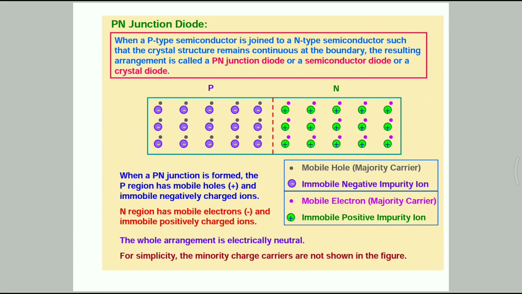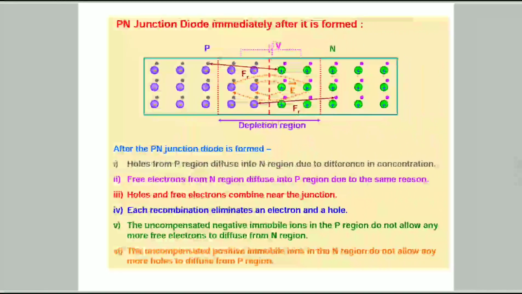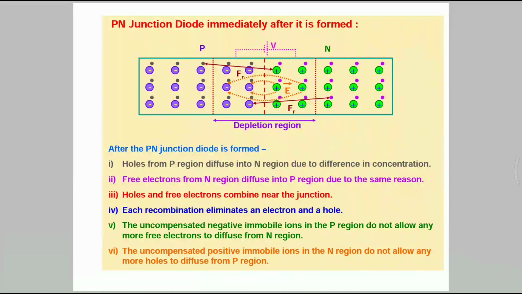The whole arrangement is electrically neutral. For simplicity, the minority charge carriers are not shown in the figure. This is the PN junction diode immediately after its formation. Okay, these are the main points.